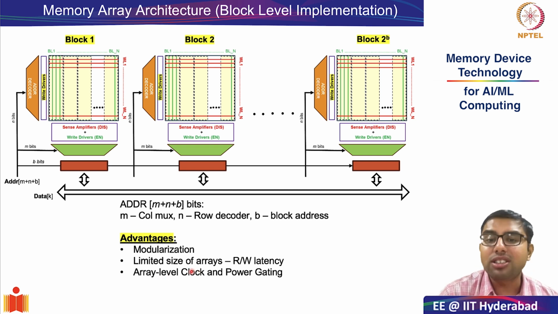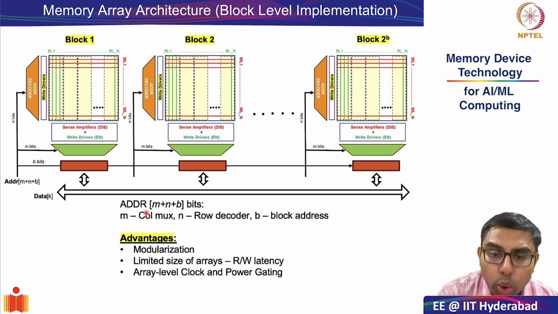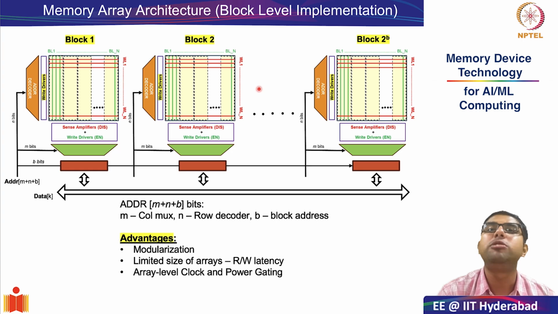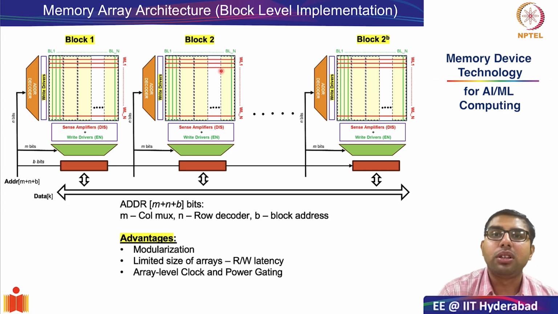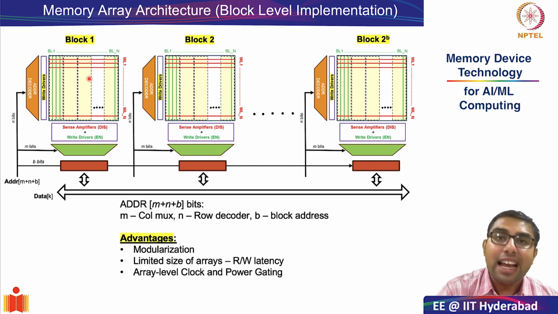Since clock is what is responsible for switching of devices, if we realize that some of the blocks are not in operation in the entire design, you can do clock gating. For example, at one given time, only block 2 is being used. So for all blocks except block 2, the clock can be cut off. If the clock is cut off from all the other blocks, the switching dynamic power, which is nothing but CV squared F, could be easily saved.